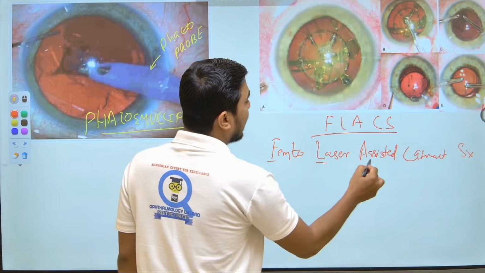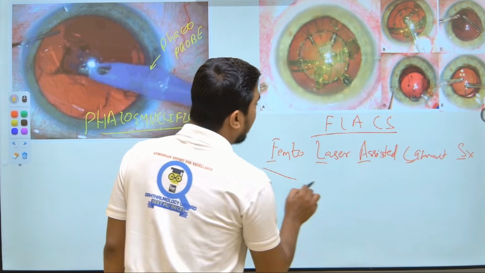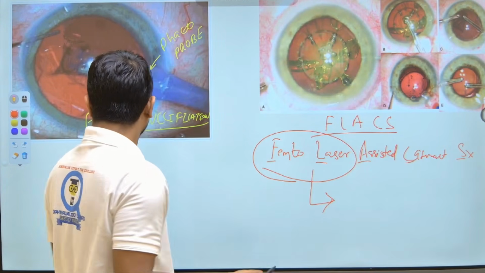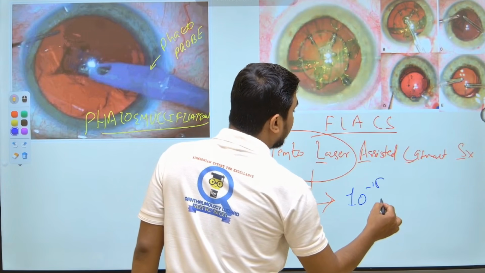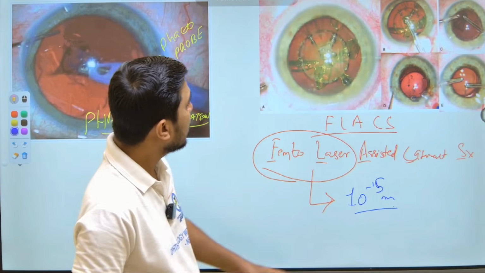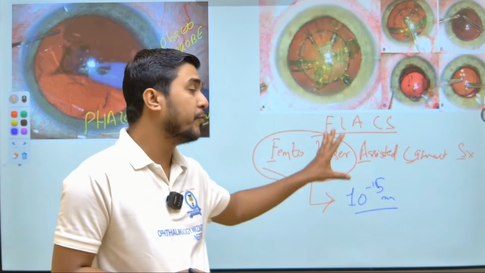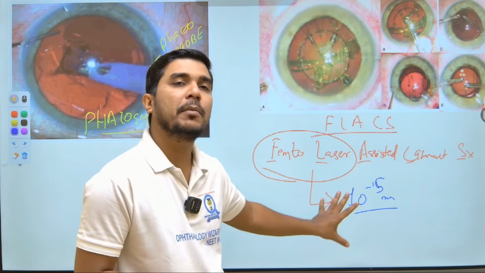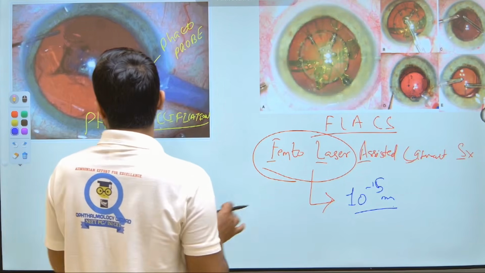So obviously it's femto laser assisted, which means the wavelength used here is 10 to the power minus 15. This is a very important MCQ that has been asked in the INICET before also. So you need to remember the photo, the full form, and the frequency or wavelength, right? That's all for this image.